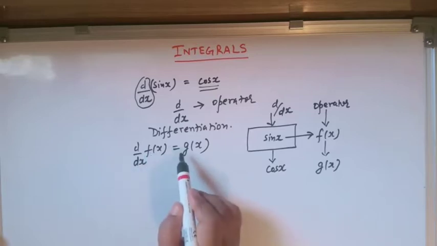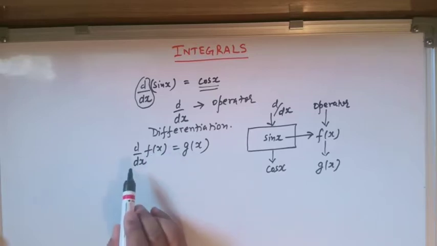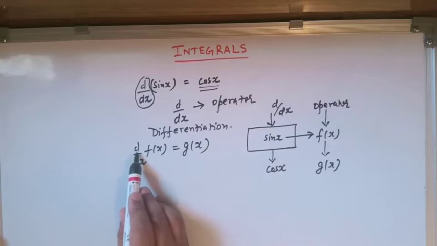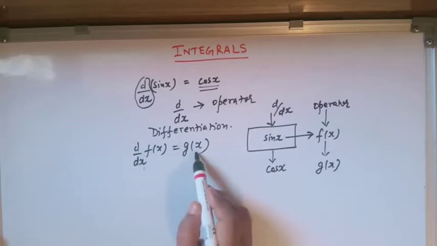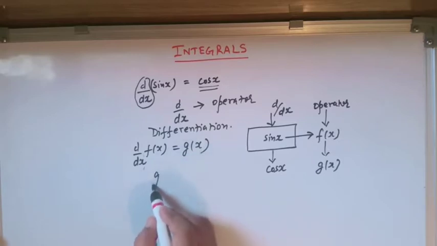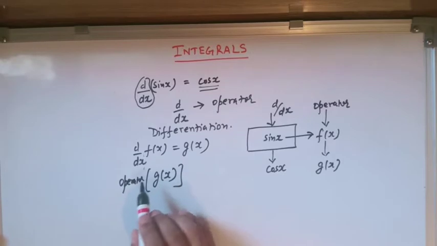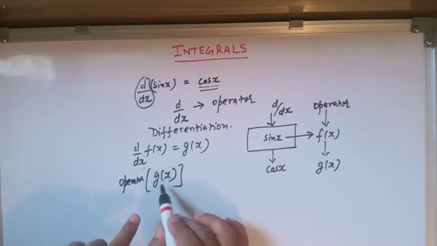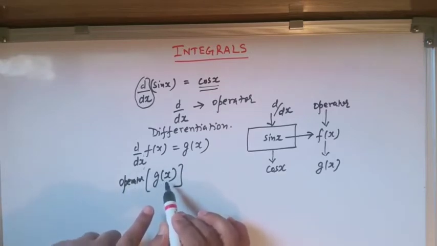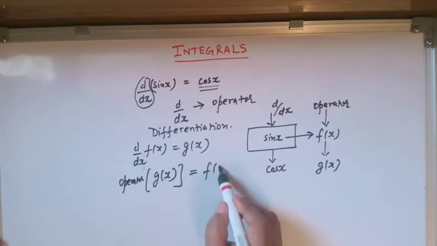It means if we are operating f of x with this operator, we are getting g of x. Now by which operator should we operate here to get f of x?